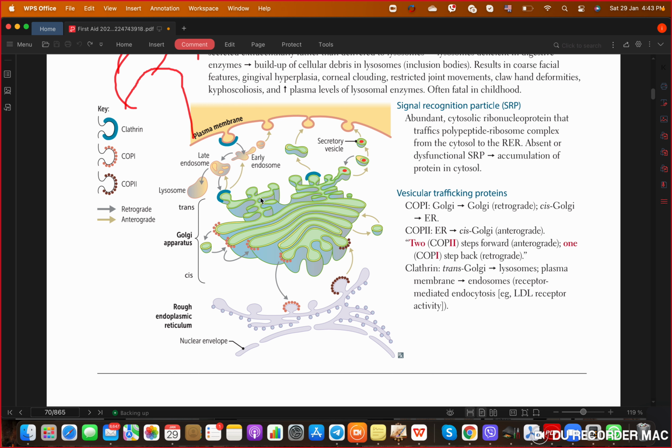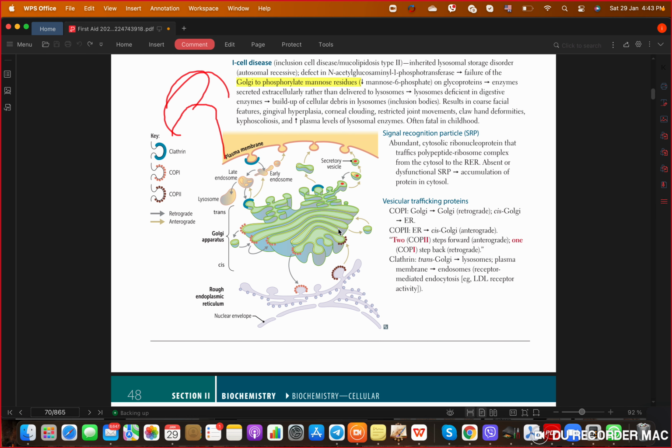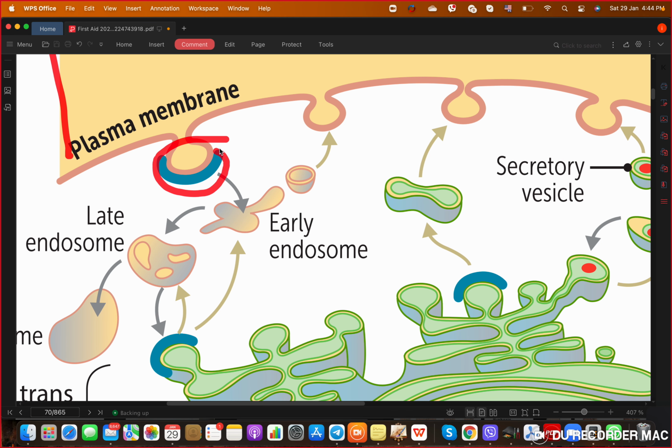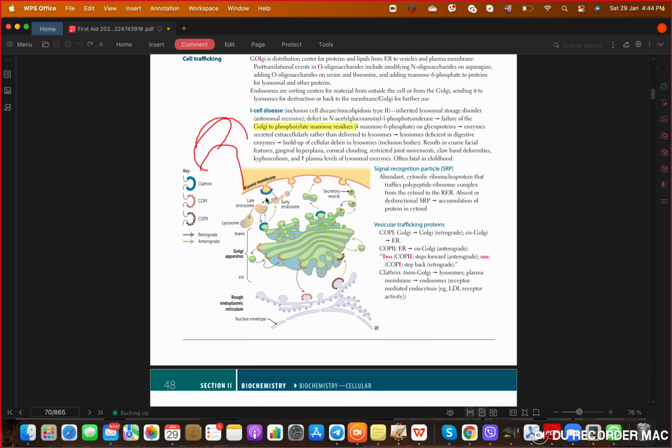It also can help them to go to the endosomes, which will then be sent on. Doc, I get it. It's between the plasma membrane and endosome, and between the trans portion of the Golgi apparatus to the endosome, to the lysosome. Okay. Yeah, but that's not only. Also, clathrin can help with the process of endocytosis, which is taking in substances from the outside to the inside. So Doc, there are receptors that lead to formation of this vesicle. Yeah. Okay. All making sense?